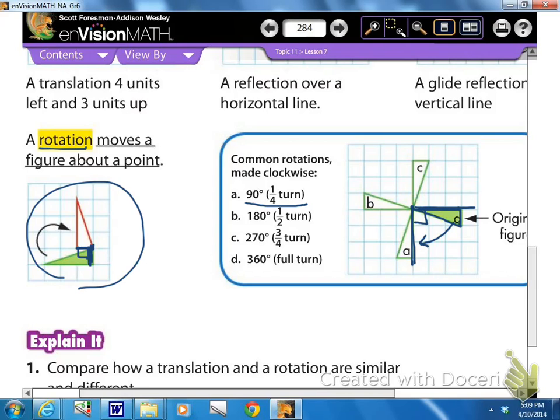Okay, and when it rotates all the way to right here, here's that same side, and there's a 180-degree straight line, or half of a turn. Here, when we get to this point, it's rotated 270 degrees, or 3/4 of a turn, and then once it's back here, it's rotated a full 360 degrees, a full turn.